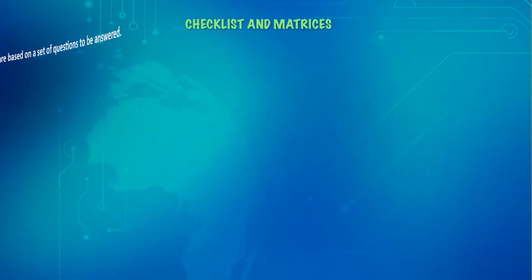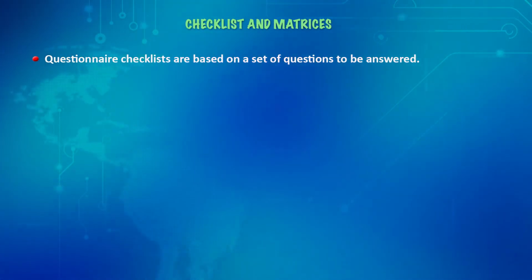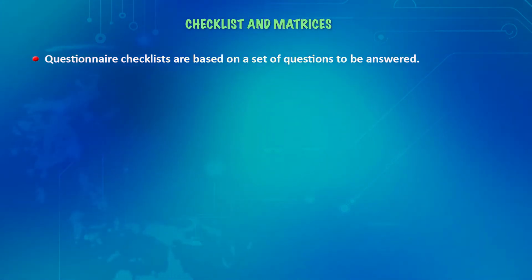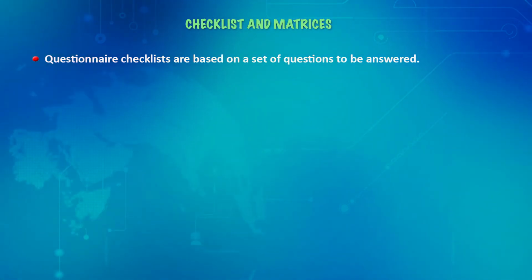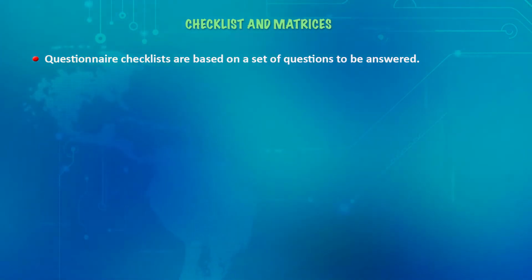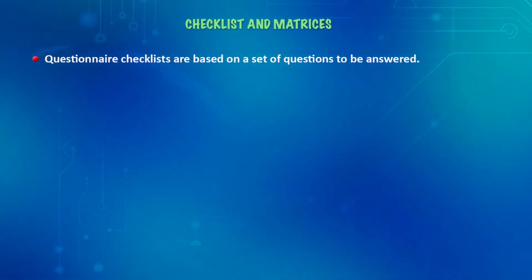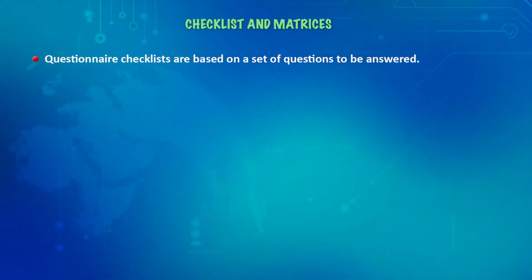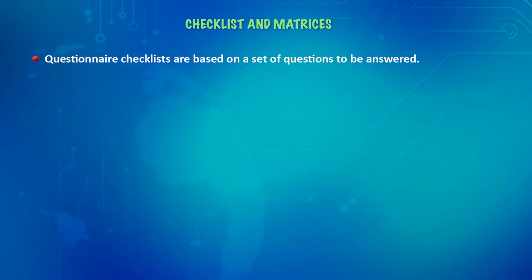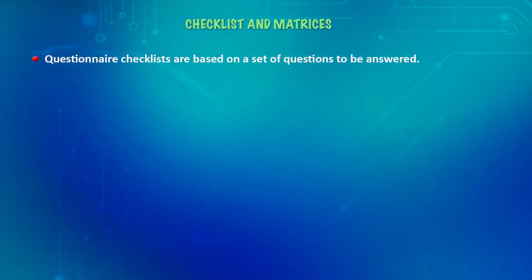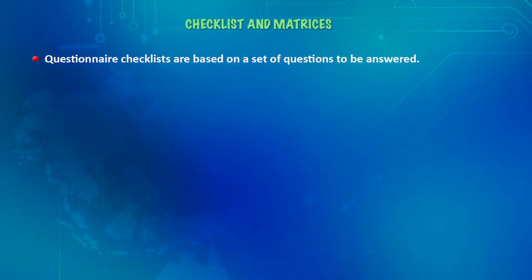The most important type is the questionnaire checklist. These questionnaire checklists are based on a set of questions to be answered, as simple as that, because certain questions will be asked to the interviewee as part of the structured collection of information. They are asked to decipher what kind of impact the project proposal can have on the community and on the environment.